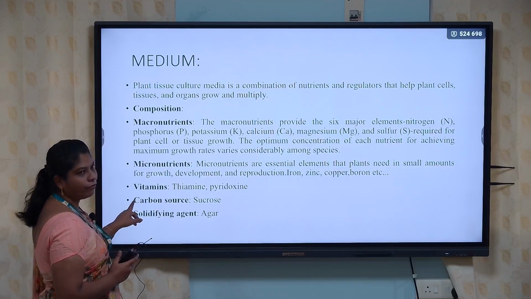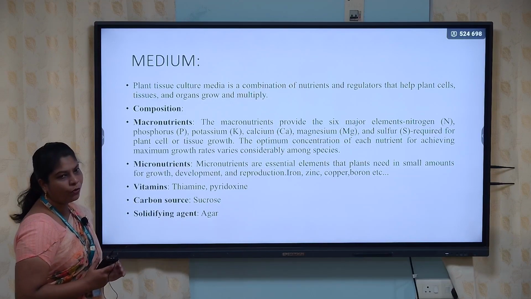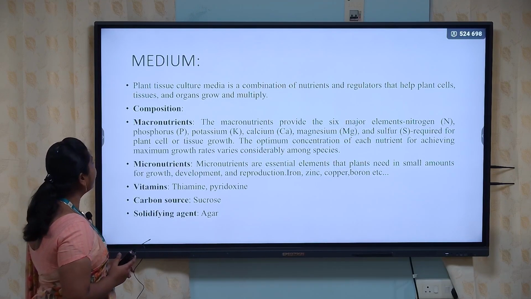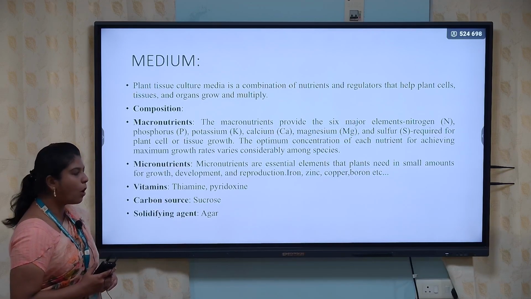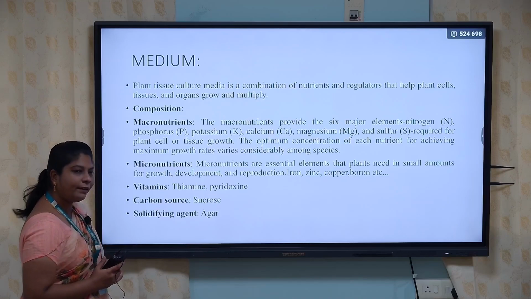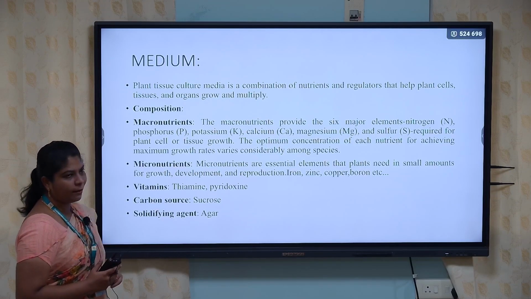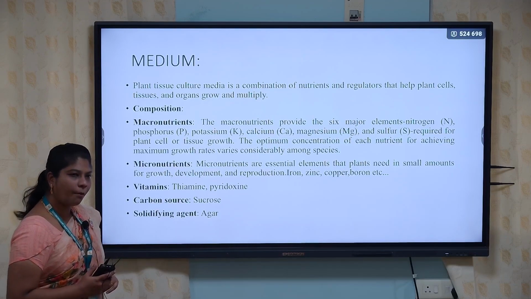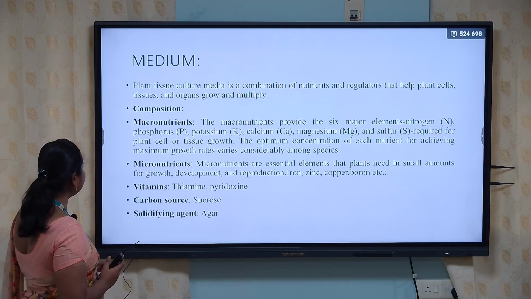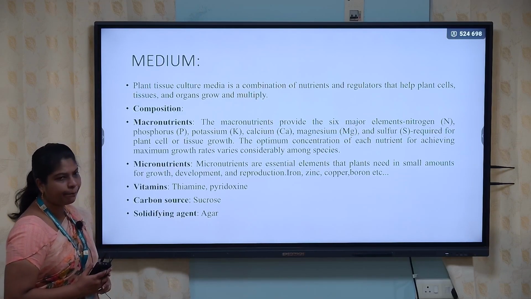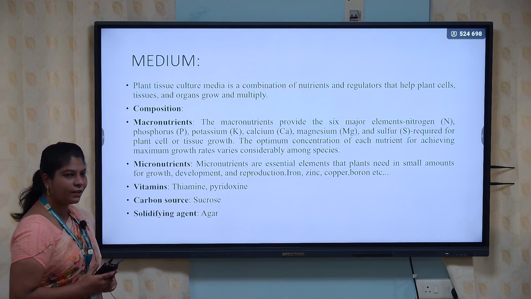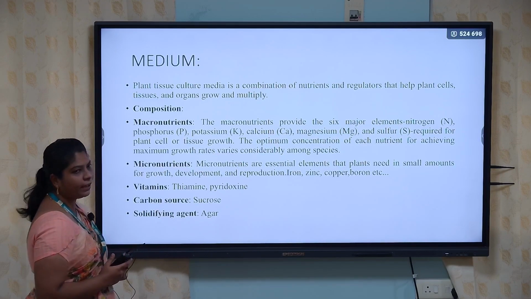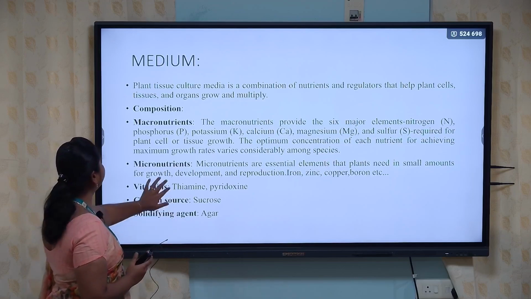And micronutrients are required in minimum amounts. Micronutrients are essential elements that plants need in small amounts for growth, development and reproduction: iron, zinc, copper, boron, etc. And vitamins like thiamine and pyridoxine, carbon sources such as sucrose, and the solidifying agent agar are required.